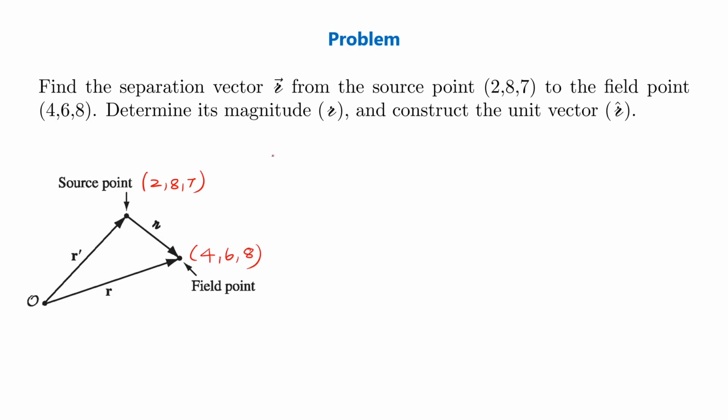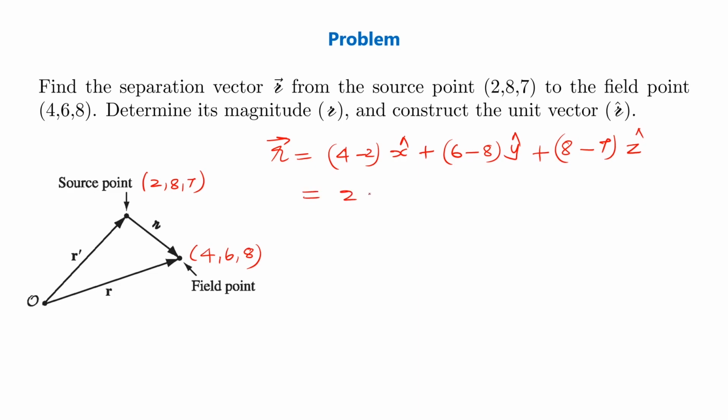Let's now construct vector script r, which is (4 minus 2) x hat plus (6 minus 8) y hat plus (8 minus 7) z hat.